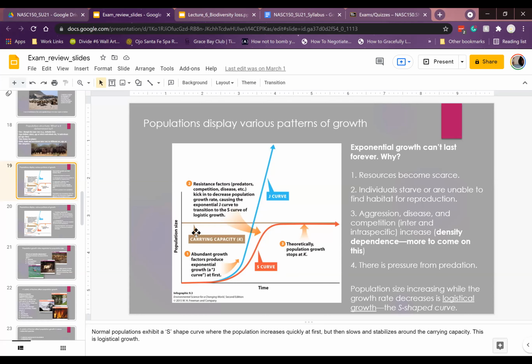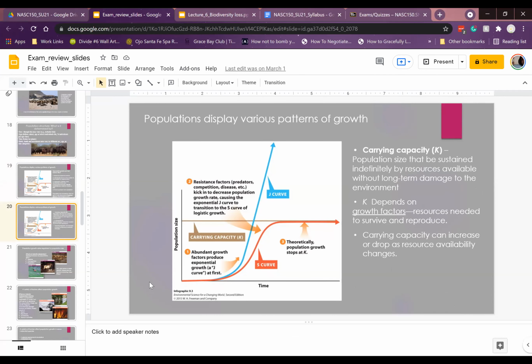It's limited by resources, food, water, space, and an increase of density dependent factors that we'll talk about in just a moment. But typically speaking, we have more what we call logistic growth, or an S curve, where the population grows decently fast, but eventually hits an ill-defined K, or carrying capacity.